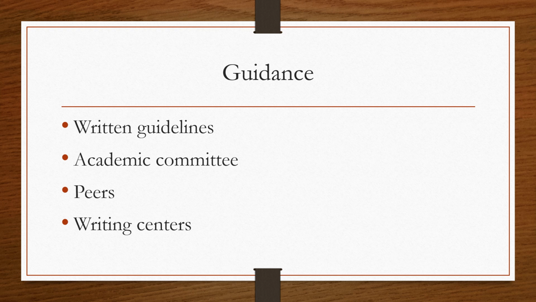Classmates who have gone through this process are another source of guidance. Try listening to the peers' past experiences and read their approved dissertations, and it will help you understand what the committee is looking for in a completed dissertation. Lastly, writing centers can be very helpful in repairing mistakes and assisting students that may have difficulty in writing.